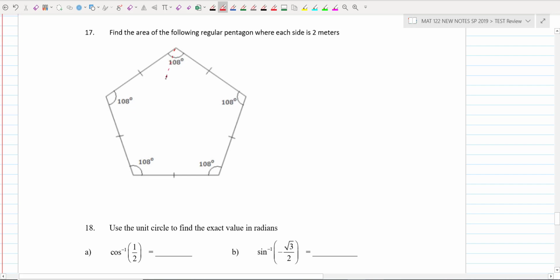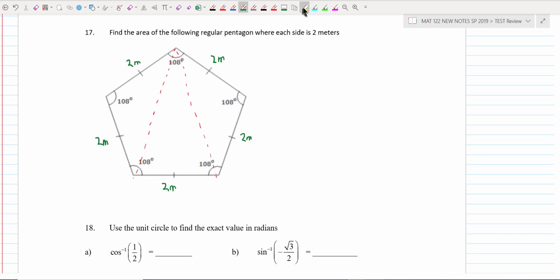You can always take a regular polygon and divide it up into a series of triangles. So we got 3 triangles, and each side in this problem is given as 2 meters. So this is 2 meters, and so forth. So we have enough information and area of triangle formulas to fill this out.